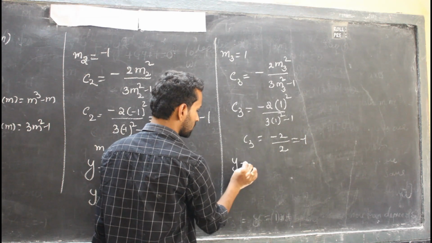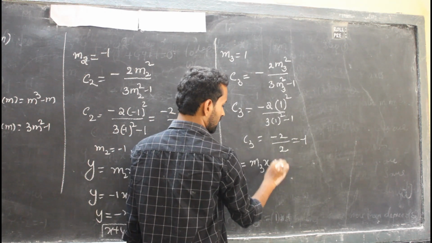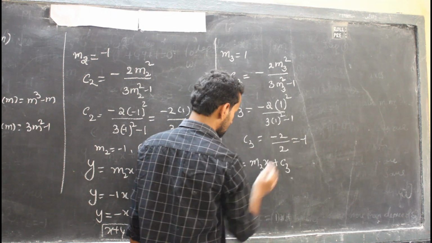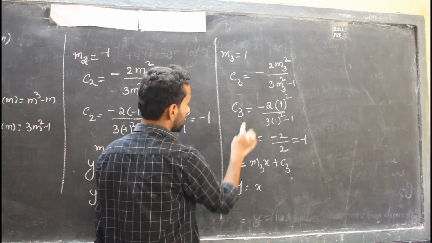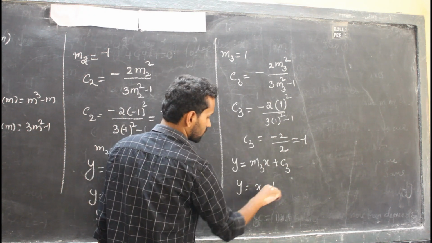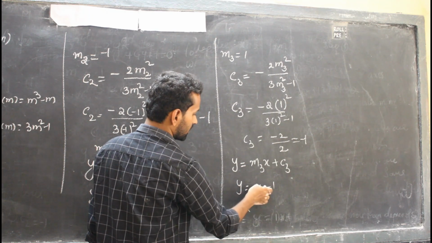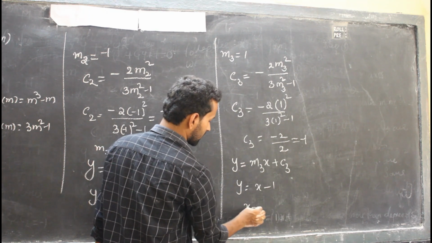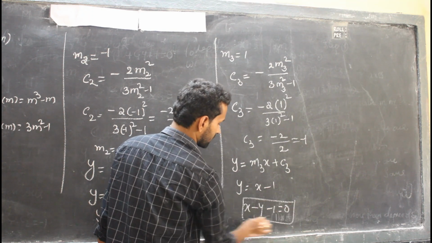So the asymptote y equal to m3 x plus c3, so y equal to 1 into x minus 1. Bringing y to this side, x minus y minus 1 equal to 0.